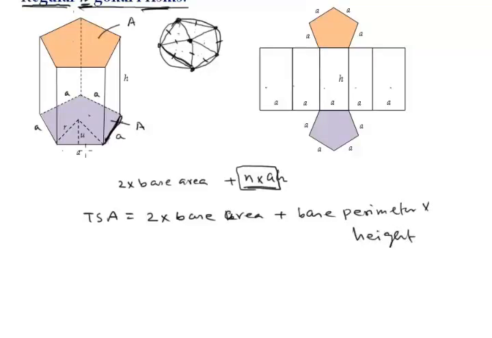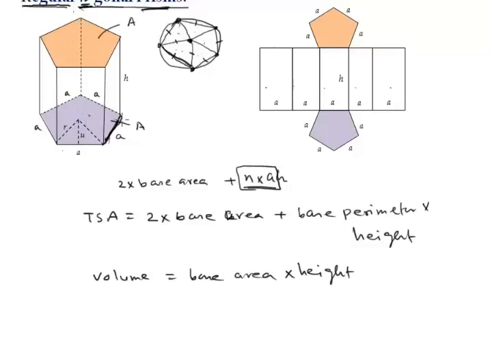And since this is a regular solid, the volume will always remain the same. Volume is base area times height.